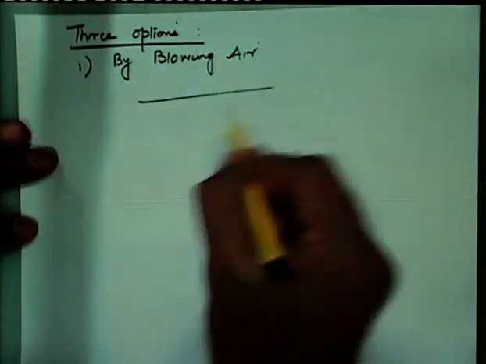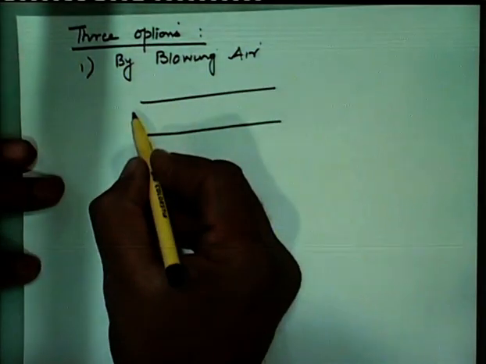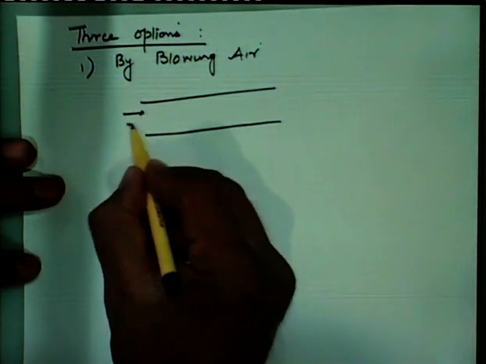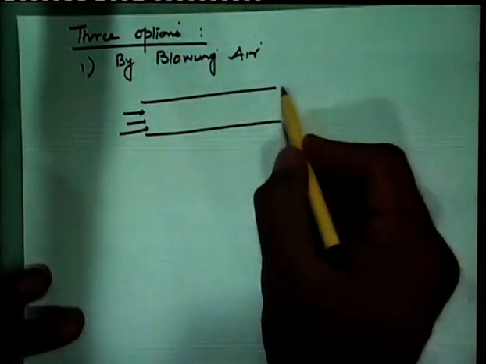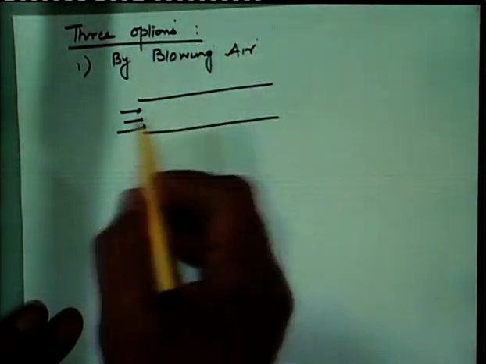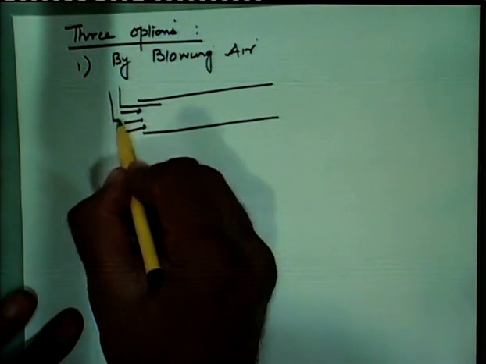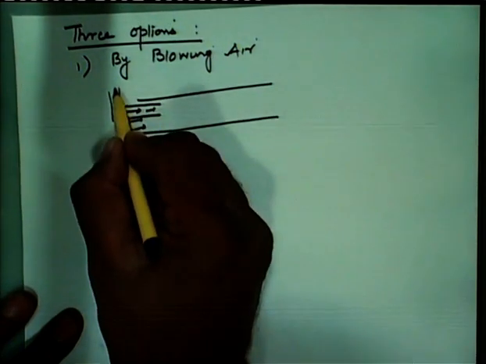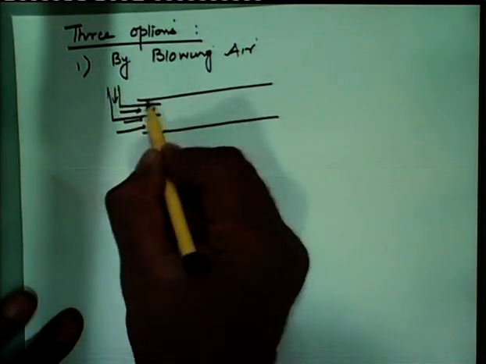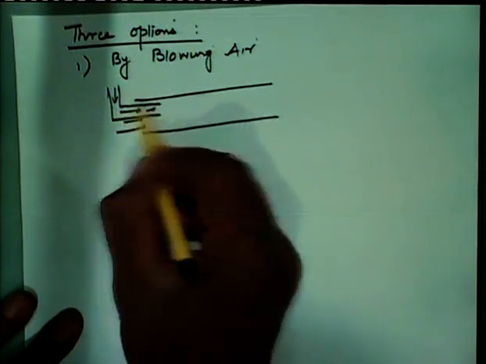By blowing air means, in this particular method, fresh air is blown in. Suppose this is a tunnel. With the help of blowers, and if the length is too much, we blow the air by providing ducts. You must know what exactly ducts are. These are artificial arrangements.